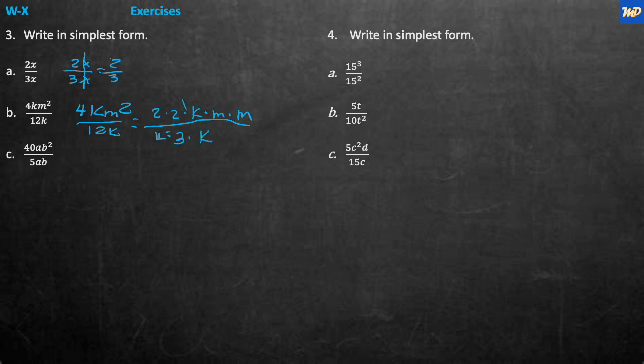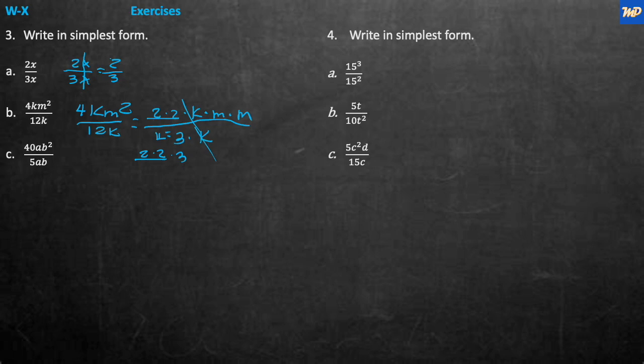So here now you can see that the k's cancel out. I should have done the 4 as 2 times 2. So 2 times 2 times 3. So now these two 2's here cancel out these two 2's. So you've got the 3 on the bottom, and there's no m, and the m stays m squared.